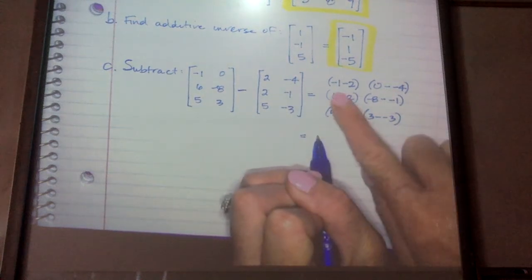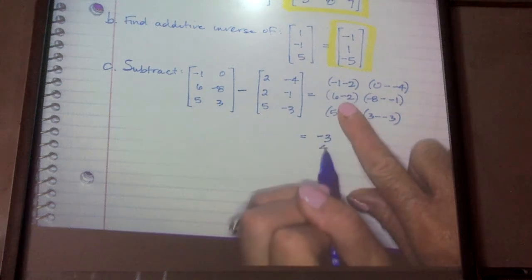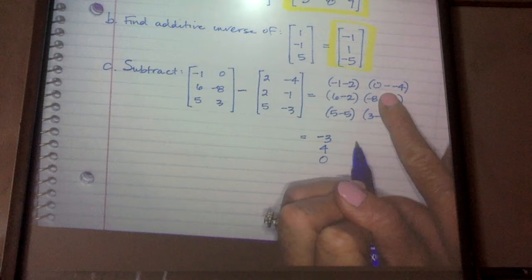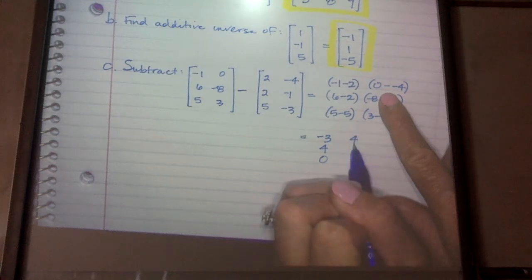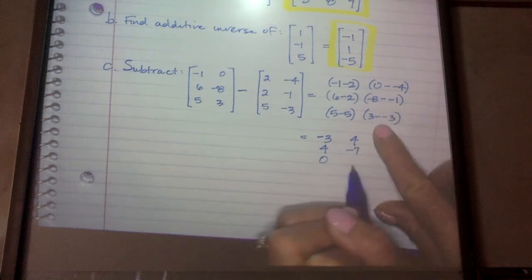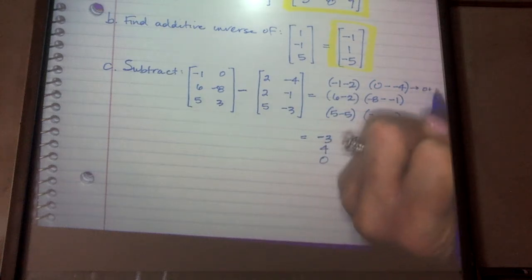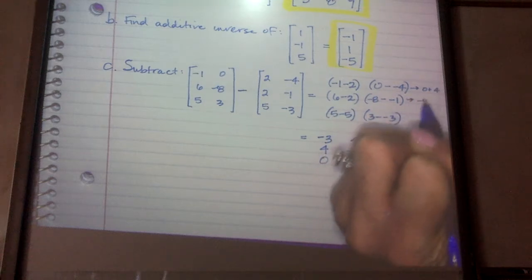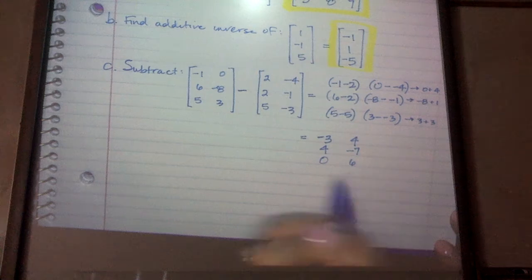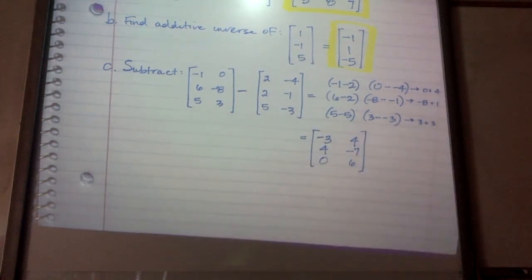That gives me negative 1 minus 2 is a negative 3. 6 minus 2 is 4. 5 minus 5 is 0. These both become positive, right? This becomes 0 plus 4. This becomes negative 8 plus 1. This becomes 3 plus 3, which is 6. And this matrix here is my answer.